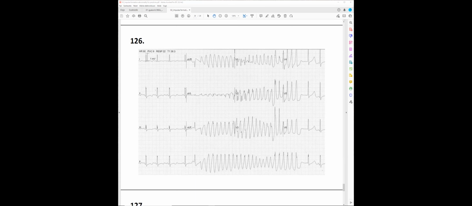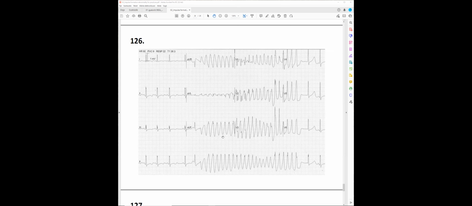This is ventricular flutter. No. Nope. You see some kind of spindle or spool formation here, see?